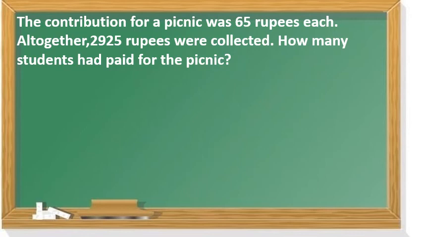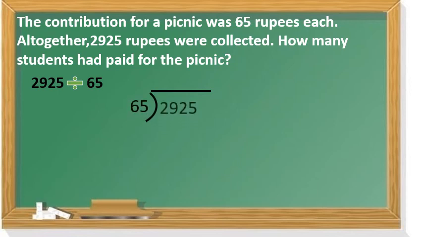Yes, students, please help me to calculate this. Yes, we have to divide here. We will write the same thing under the division mark. First we will start from 2. 2 is much smaller than 65. So, 65 zeros are 0.